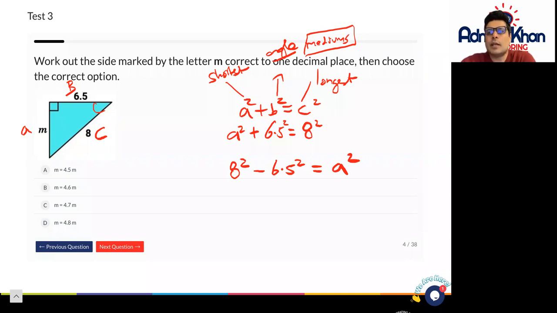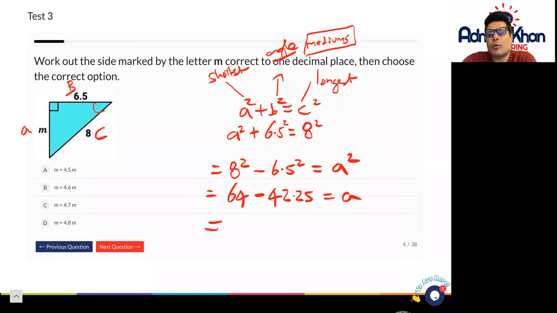So first of all, let's just work out what 8 squared is. 8 squared, we know, is going to be 64. And 6.5 squared, if you work this out, comes to 42.25 altogether. And now we're going to work out what A is. So we're going to minus these two numbers, first of all.